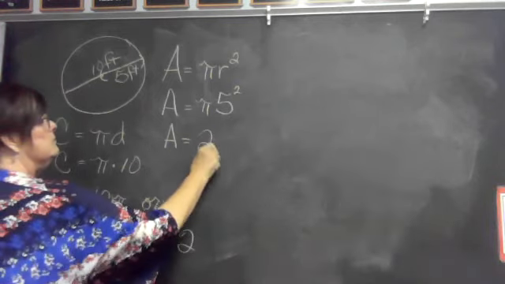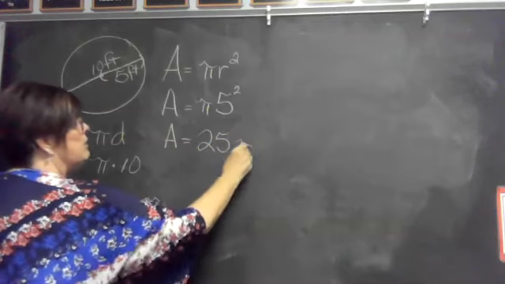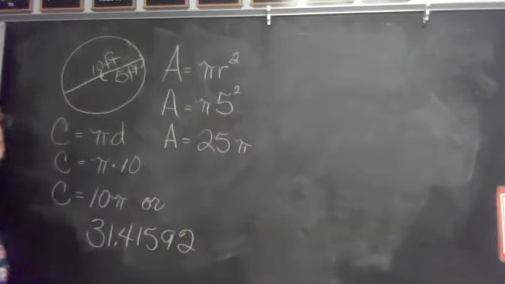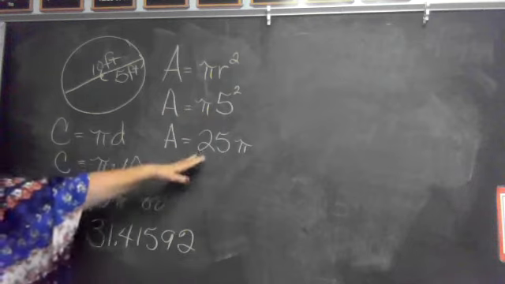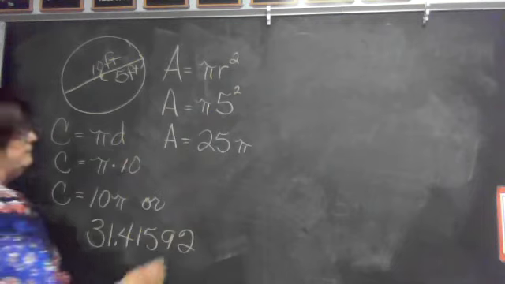So that's why you got 5, because it was the radius? Yes, because the formula calls for the radius, not the diameter. So when you put pi in there, times 5 and square it, you should come up with 25 pi, and then you'll have to give me the decimal.